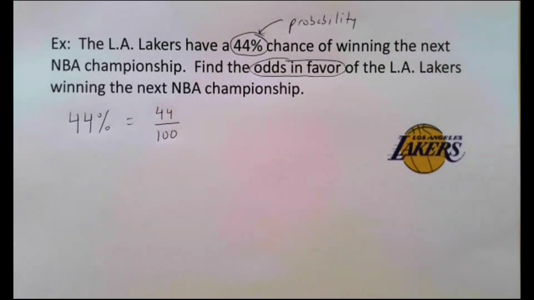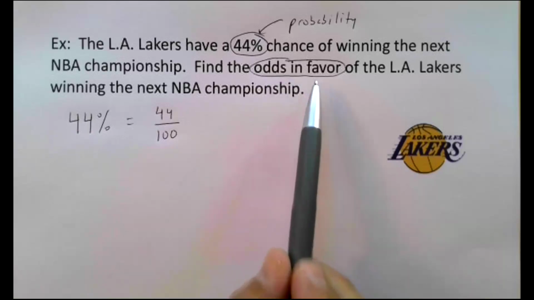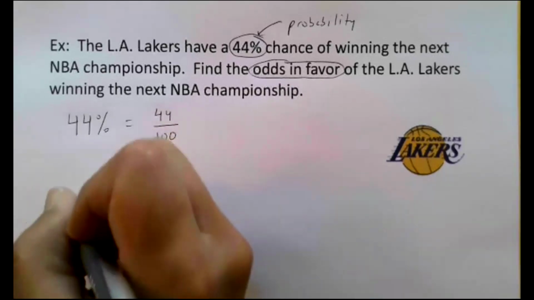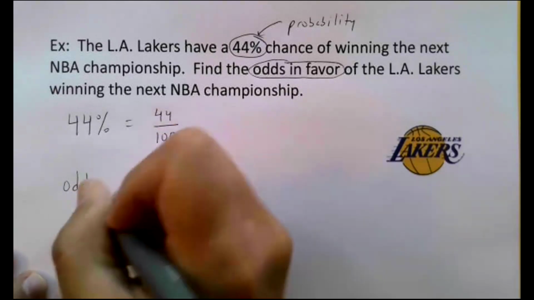It's not really a reduced fraction, but that is a fraction version, non-reduced. But that's not what we're being asked. That's a probability type answer. We're asking for odds in favor. Odds in favor means the times they win over the times they don't win.